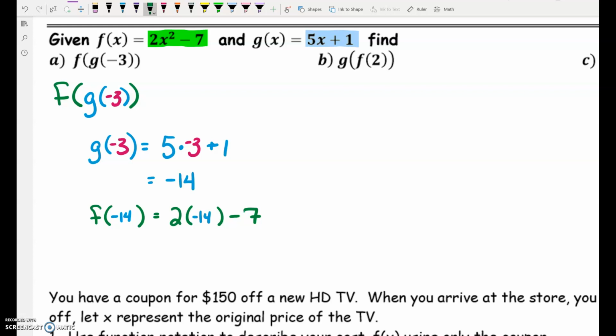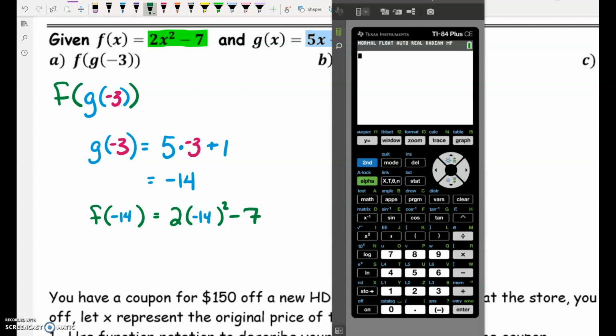Oh, shoot, did I forget the square? I forgot the square. That's my bad on that one. The parentheses are very important when you're entering this in your calculator, so I would do 2 parentheses, -14, close your parentheses, squared, minus 7.